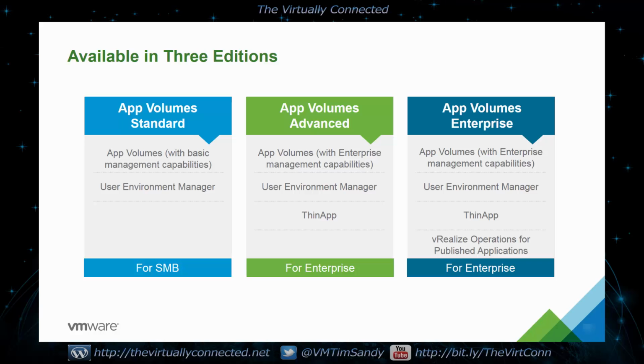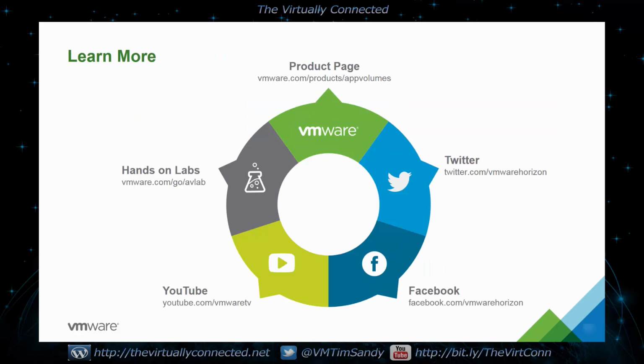And finally, App Volumes Enterprise is built for enterprise Citrix customers with enterprise management capabilities. It also integrates with user environment manager, ThinApp, and gives the monitoring capabilities available through vRealize Operations for Published Applications, which is also a part of this edition.